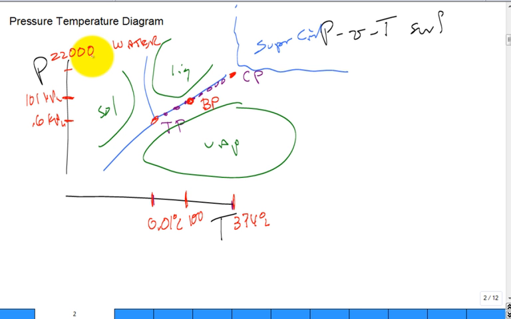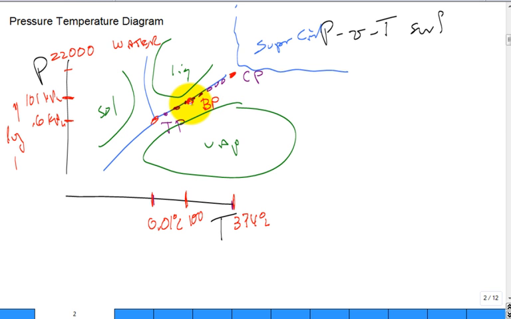When they have such a huge range of pressures, they often put this on a log plot for pressure. But let's not get bogged down, because it'll make the line look straight. Otherwise, there's a significant curvature to that. But what happens is, think about this. This is a review from Thermo 1.